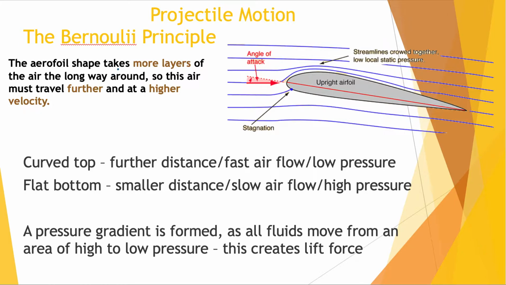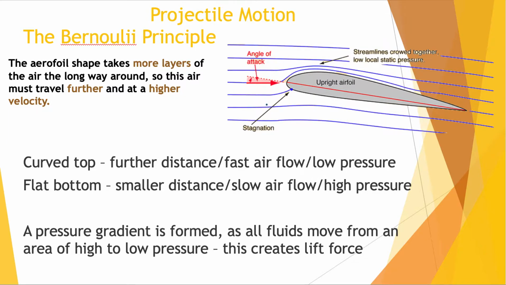So the aerofoil shape takes more layers of the air the long way around, so this air must travel further and therefore at higher velocities. And you can see again on this diagram, the airflow lines are close together, and that is depicting the fact that we've got high velocity air.